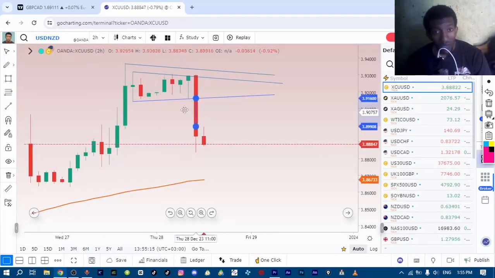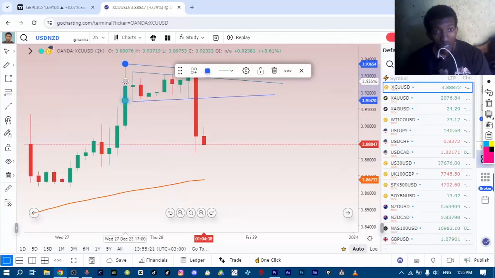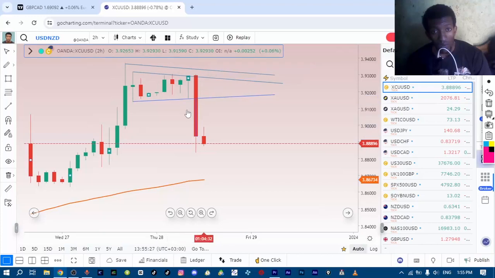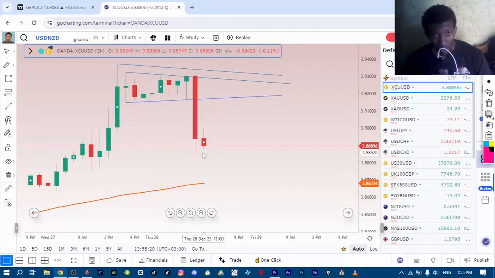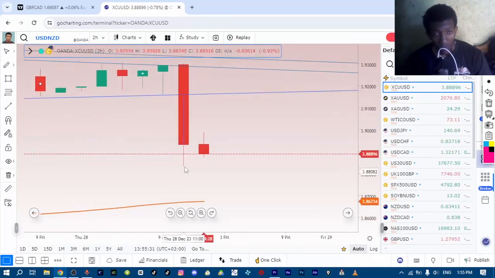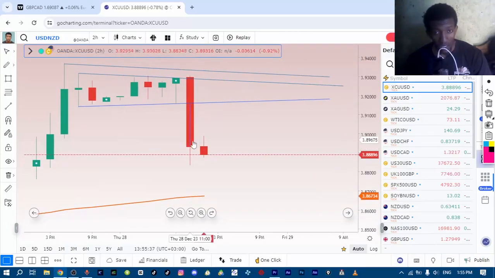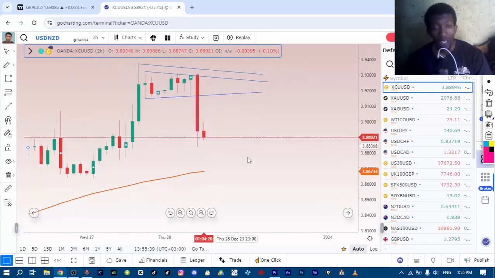If you measure it on the wider one, you expand this and measure again from where it broke the consolidation. That is where it broke it. So the TP will be right there, right where the candle stopped trading. That's where your TP is.